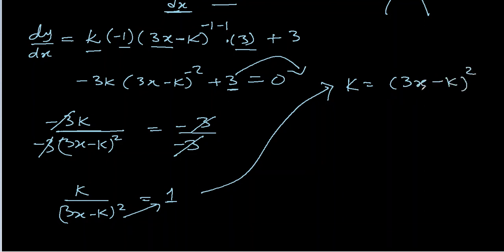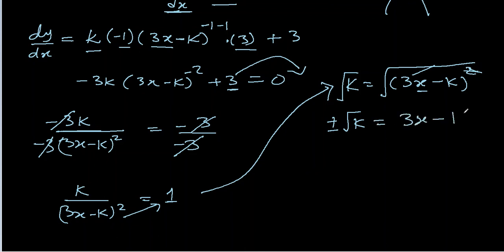Our purpose is to find the value of x. That means it has to be isolated, made the subject. For that we need to get rid of this square. We'll square root both sides. This cancels here, but this does not cancel. But when we square root some constant, it has to be positive and negative both. And we can have positive and negative both values in case of a function. So we'll write both: 3x minus k. Now x is our focus.